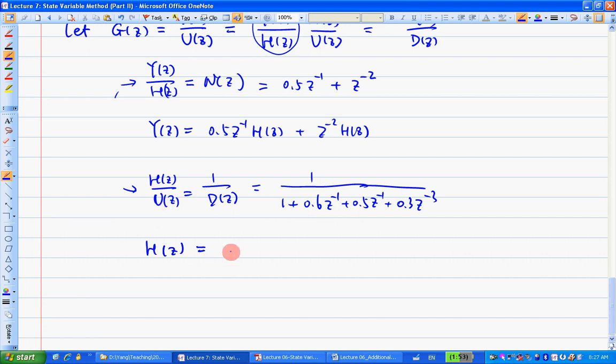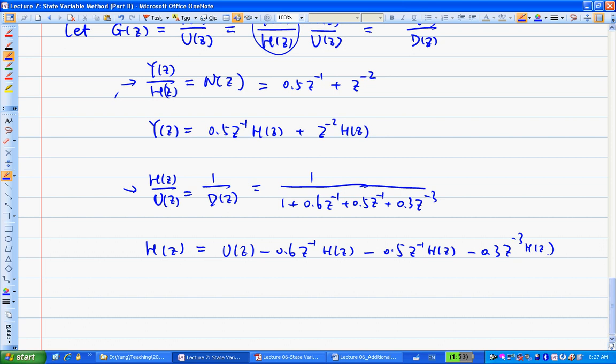So what I get is U of z minus 0.6 z to the power negative 1 H of z, and so on. There's nothing tricky here, just moving things around.